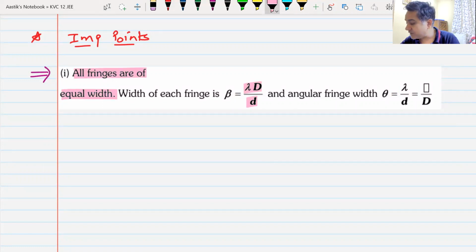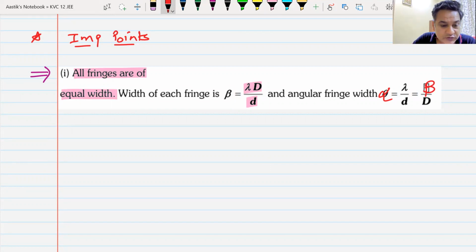Angular fringe width, you can call it theta or alpha, is lambda by small d, or beta by capital D. I hope all of you know this. We are going to write all these formulas one by one, so that even if you miss it one time, you cannot miss it the other time.